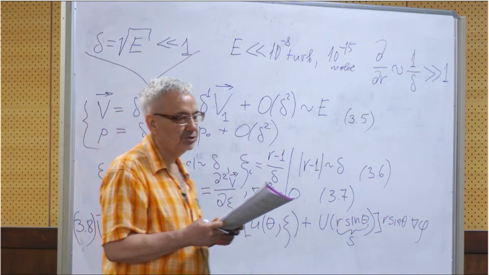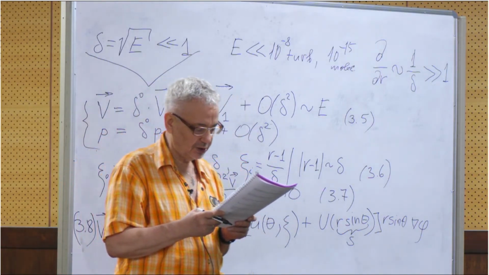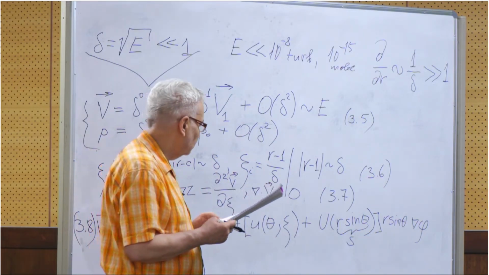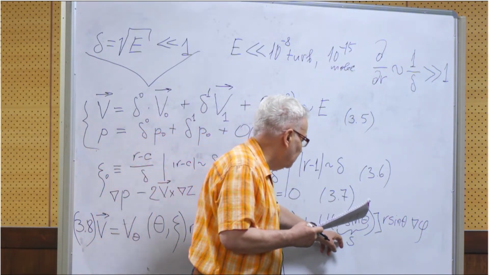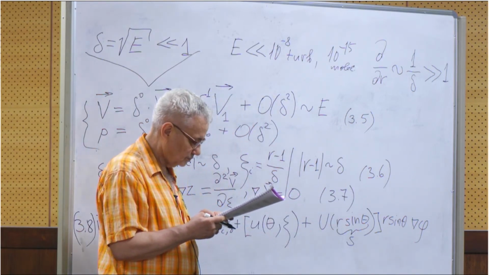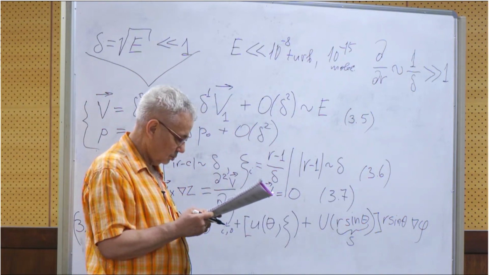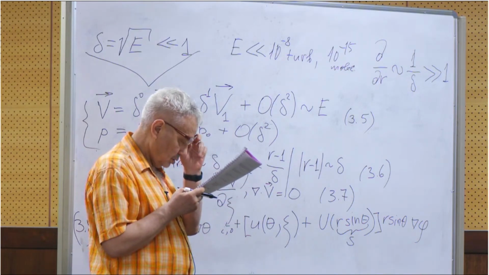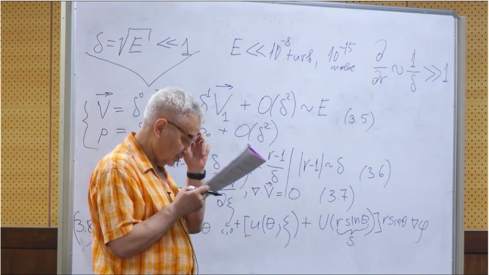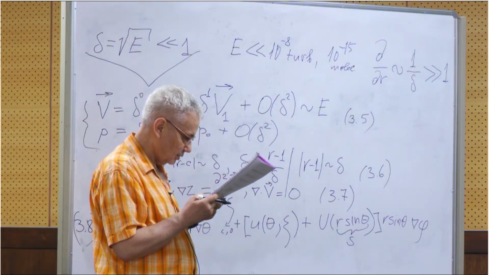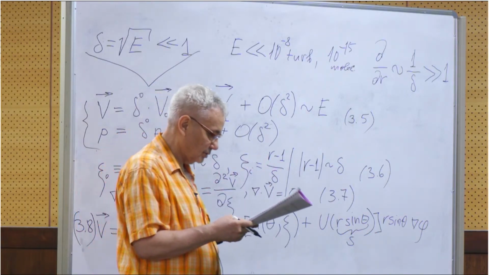If you remember, everything was defined via the pressure for the geostrophic flow, and as already told, this S is actually r sine theta. So this r sine theta is the distance from the rotational axis, or otherwise the cylindrical radius.